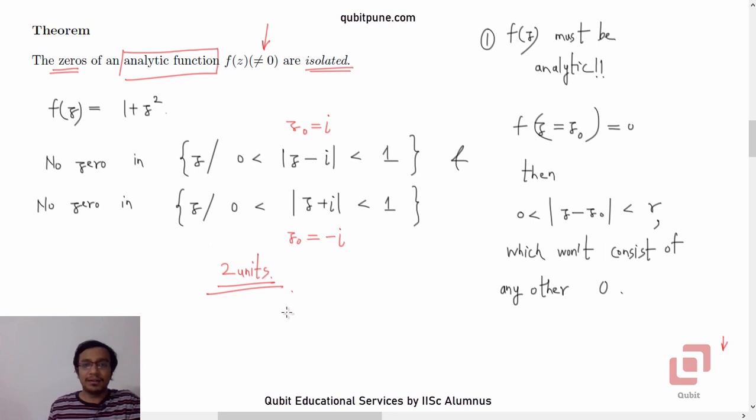So you can consider the radius to be any positive real number less than 2. That should be enough to get the value of R, and hence the theorem gets verified, which says the zeros of an analytic function are always isolated.